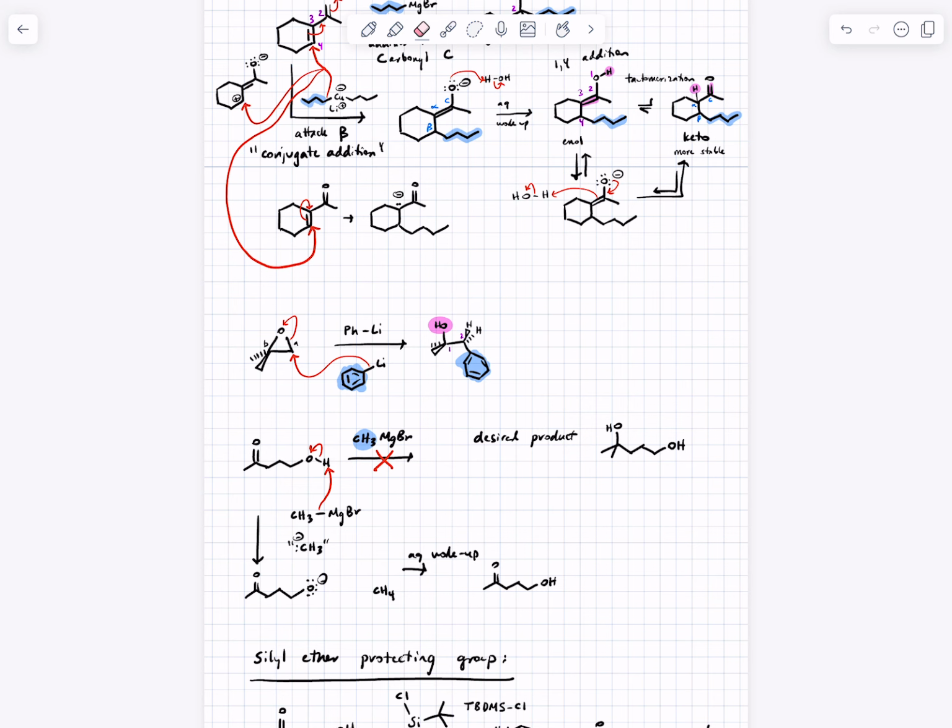The answer is, I got nothing. Sorry about that. So no, I won't expect you to have cuprates attack epoxides, even if you find out someday that it's totally possible. Fair? All right.